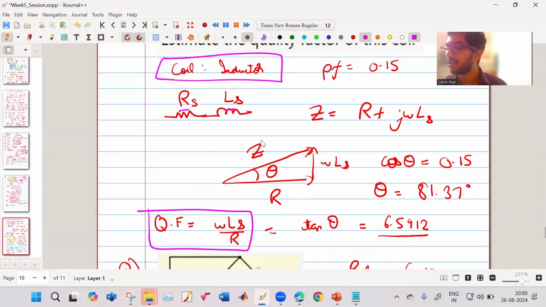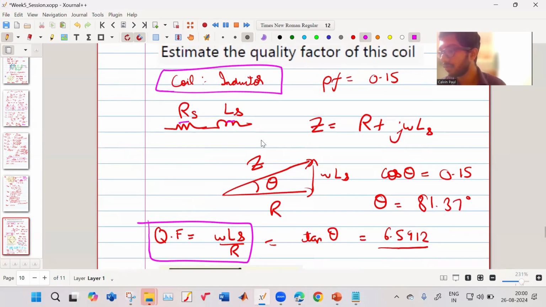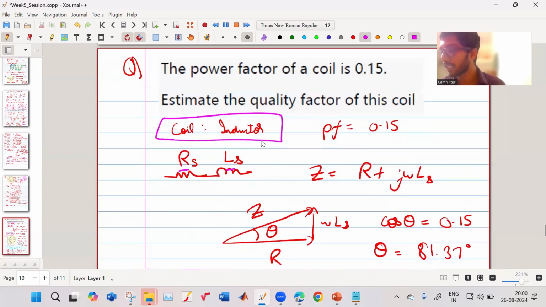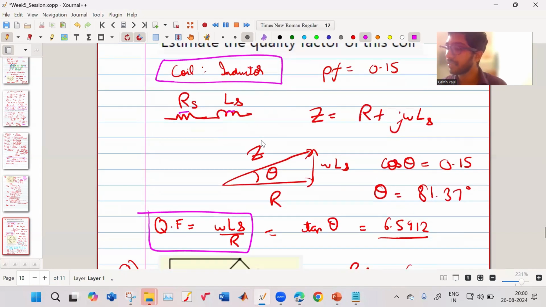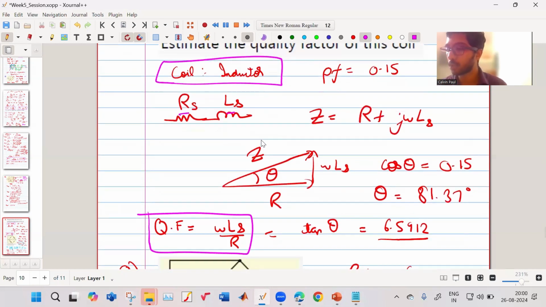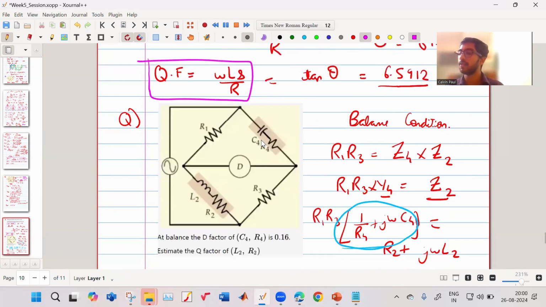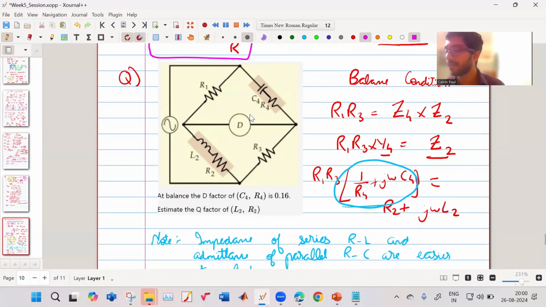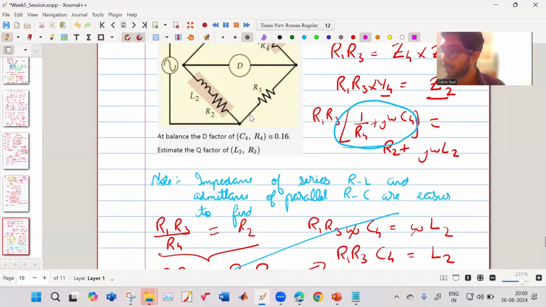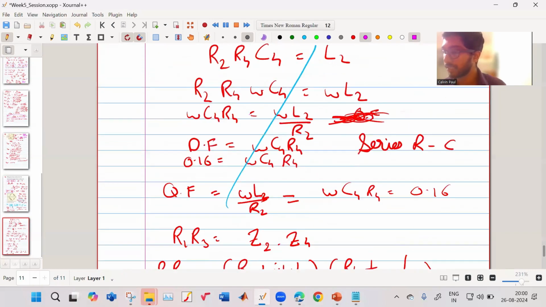So what does this tell you? If the power factor is low, then the quality factor is high. If the power factor is high, the quality factor will be low. Now we considered another bridge, which is again a product bridge. I made a mistake, so we corrected it.